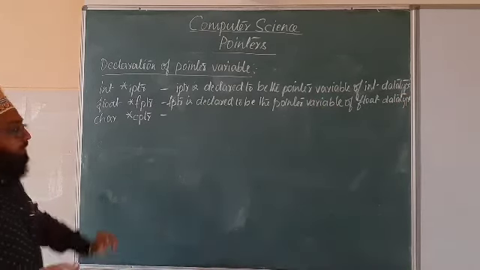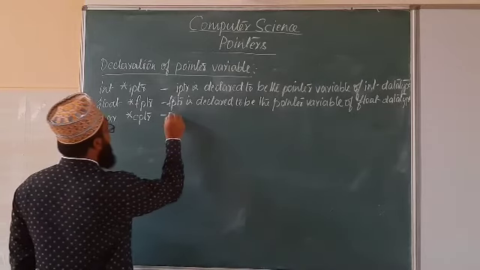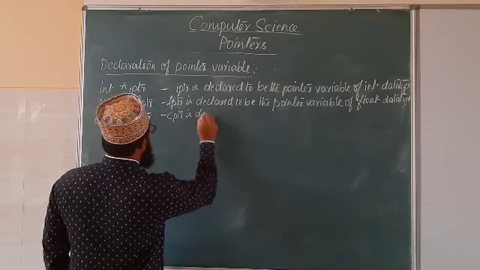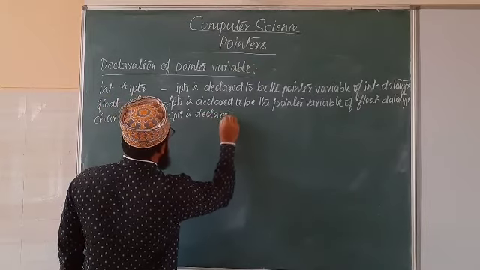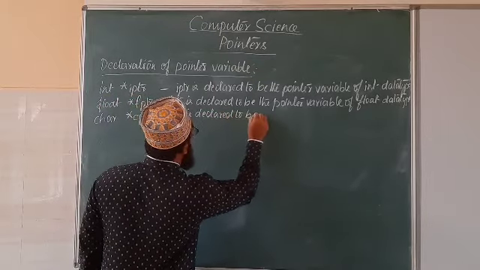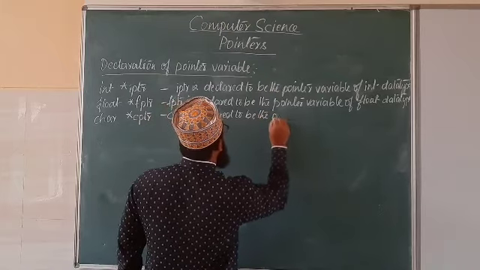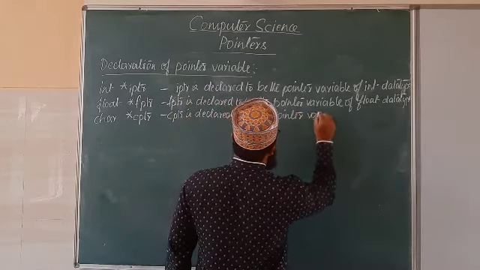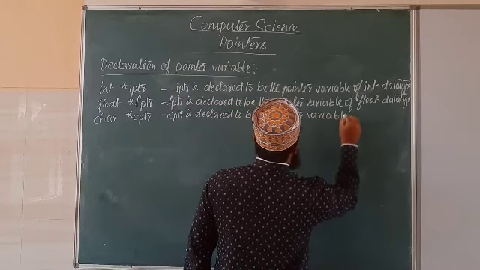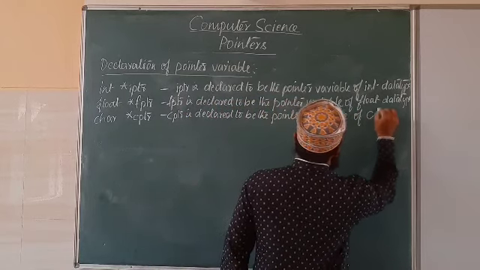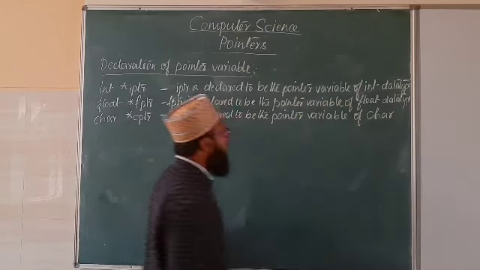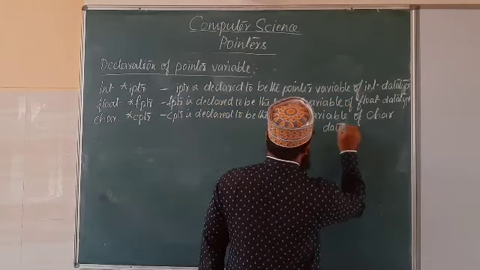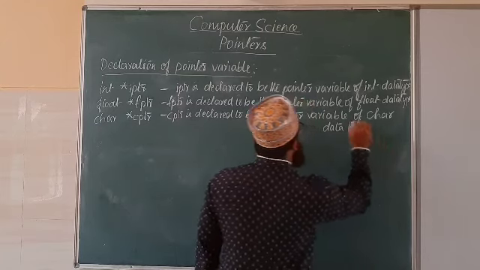Then similarly, char, that is CPTR, is declared to be the pointer variable of char data type. Hope you have understood.